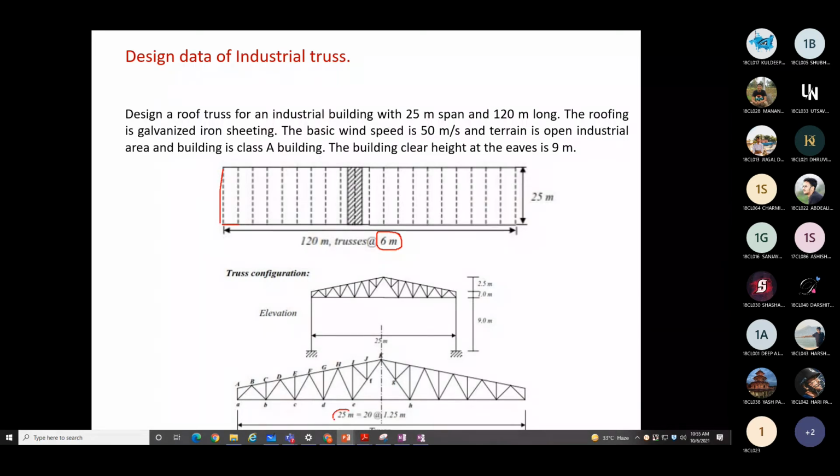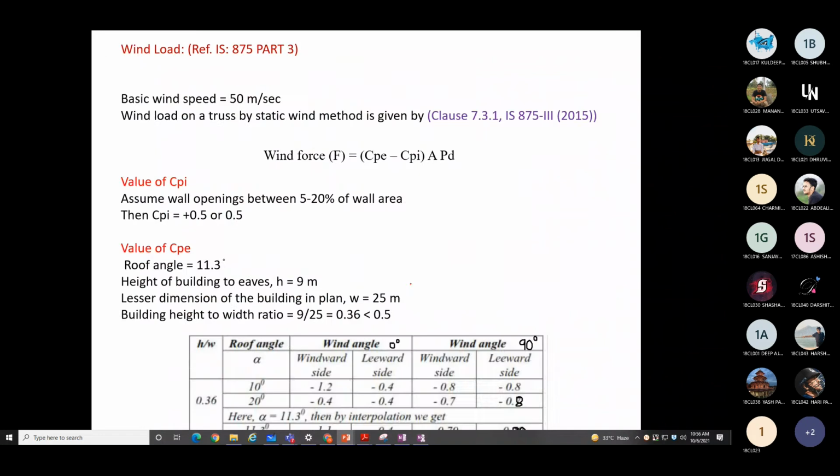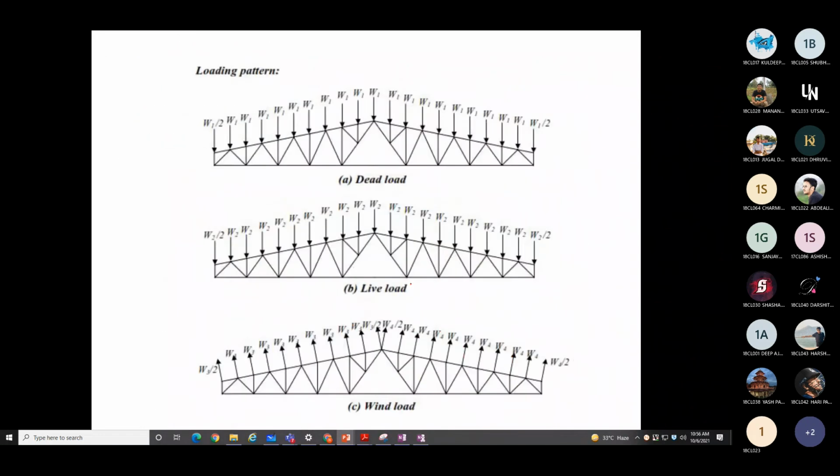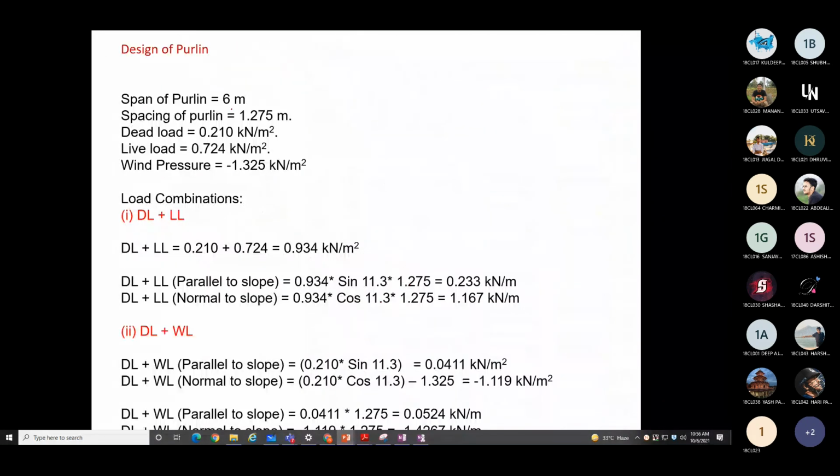This 25 meter truss. Then after second 25 meter truss, then third, like this, and the distance between these two is 6 meter. So the span of the purlin is 6 meter. Are you getting this? ये देखो यहाँ पर. यस मैम. यहाँ पे एक दूसरा truss होगा. Right. So this span, this is 6 meter. So span of purlin is 6 meter. So I have written this 6 meter over here.